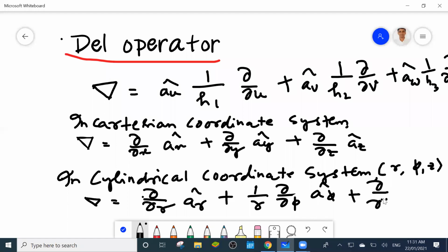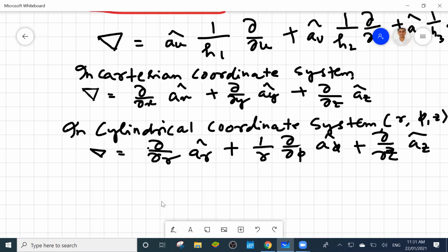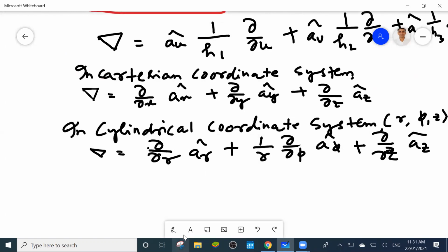Then this one is del by del z, az cap. So don't say wrong things. Okay, you compare then you tell. Here only 1 by r is there in the del part. Then you tell in spherical coordinate system.